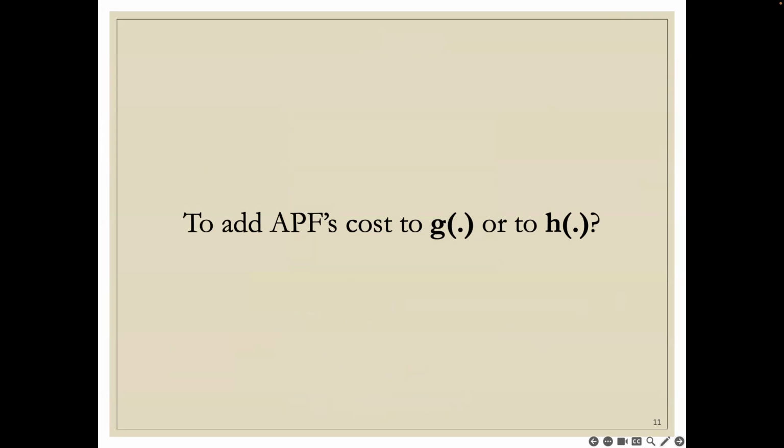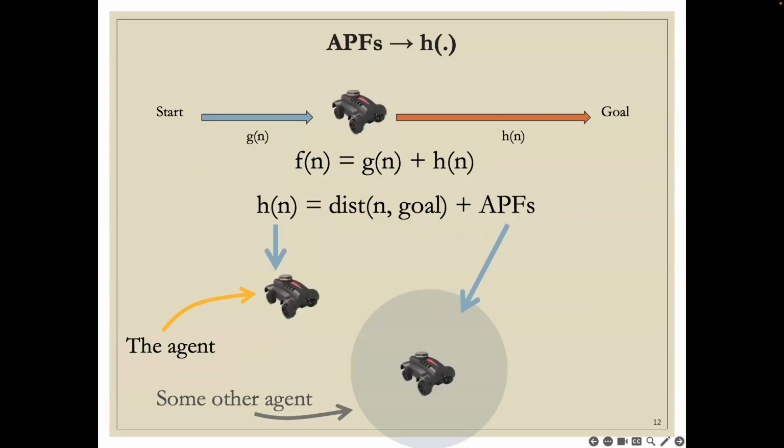Okay, so we need to somehow append the additional costs of APFs to the A-star node. The big question is to which part to add APFs, G or H? When first making our preview, many reviewers were convinced, and also tried to convince us, that the obvious way is to add those APF costs to the H part, so that H will be defined as some distance estimation plus APFs.